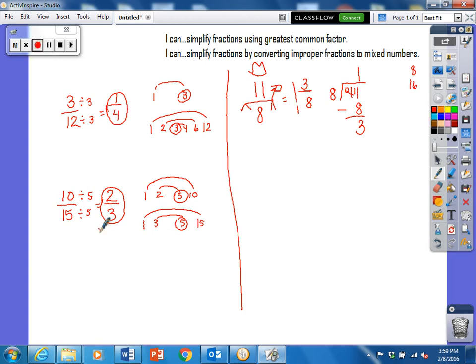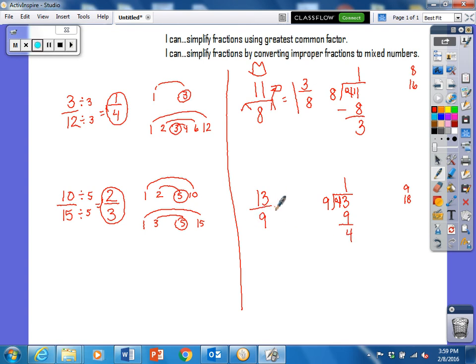Let's try another one. Okay, let's try 13/9. Okay, again, the 13, the numerator, goes on the inside, the 9 goes on the outside. If we come over here and list our multiples, oh, we can already stop. 9 goes into 13 only one time. 1 times 9 is 9. 13 minus 9 is 4.